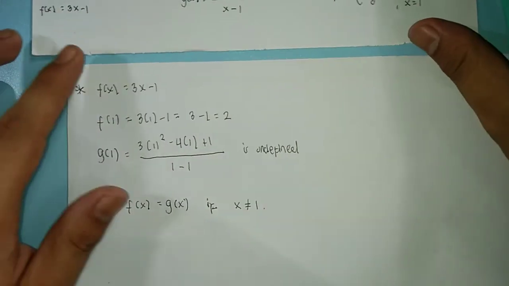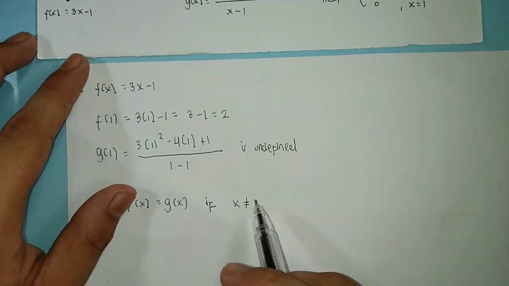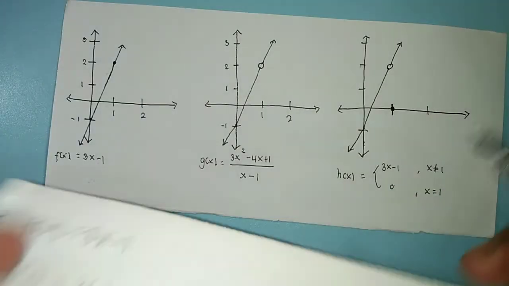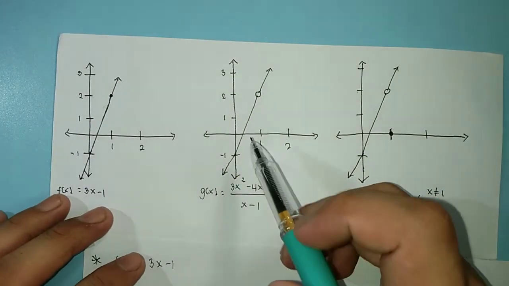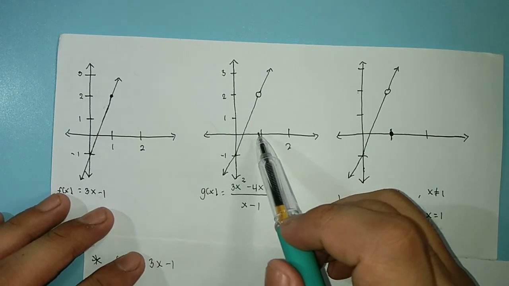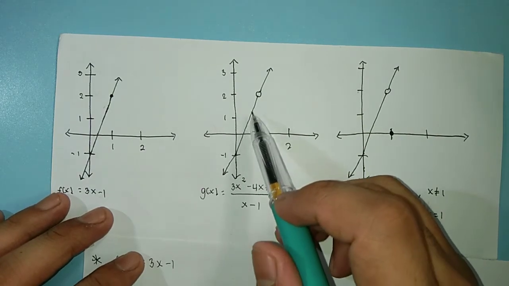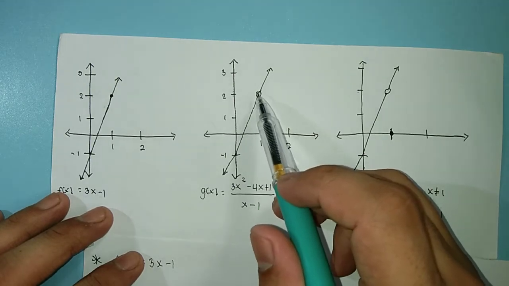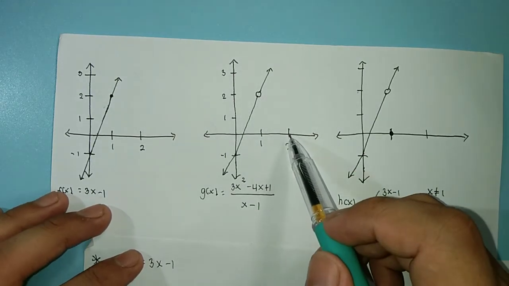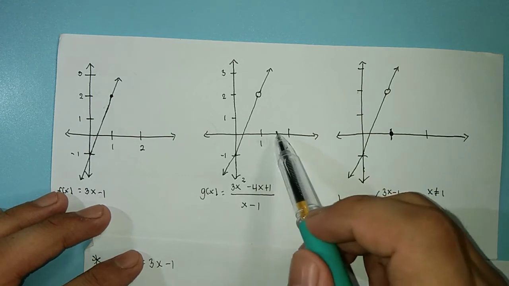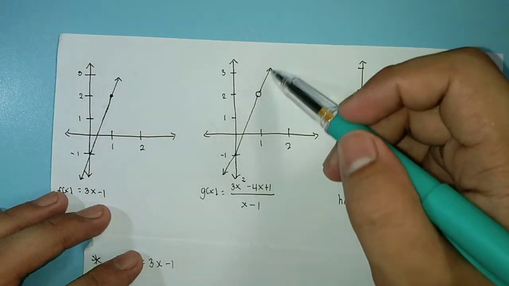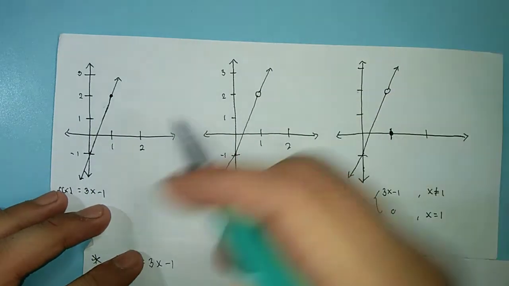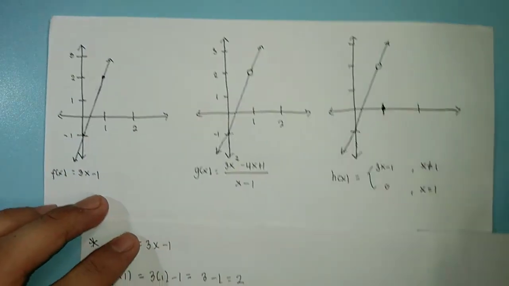Now, since almost the same sila except for x equals 1, ibig sabihin, kapag yung values ng x natin i-approach natin sa 1, yung values ng g of x mag-a-approach din sa 2. Aangat din siya, nag-a-approach sa 2. So similarly, sa right side, kapag yung values ng x i-approach natin sa 1, bababa din yung graph, mag-a-approach din sa 2. Okay, so same behavior dito sa f.